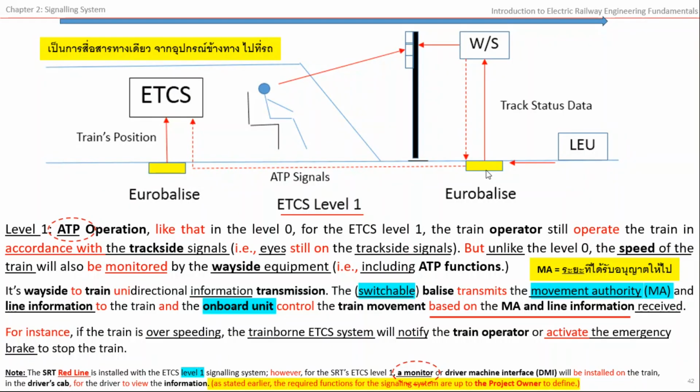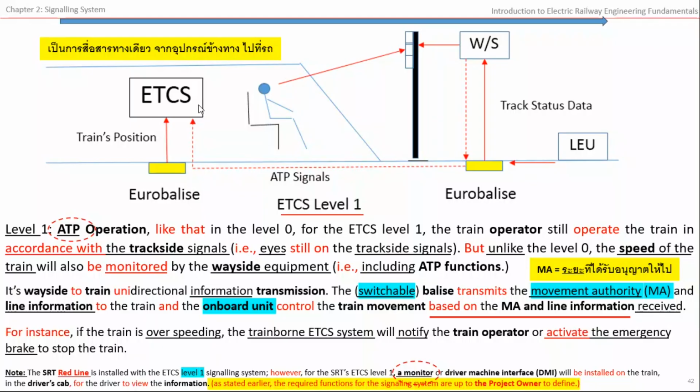The information from the switchable balise will be sent to the onboard ETCS system, and the onboard ETCS system will control the speed of the train in accordance with the MA information received. For level 0, basically the train operator has to operate the train by himself. They have to speed and brake the trains by themselves.